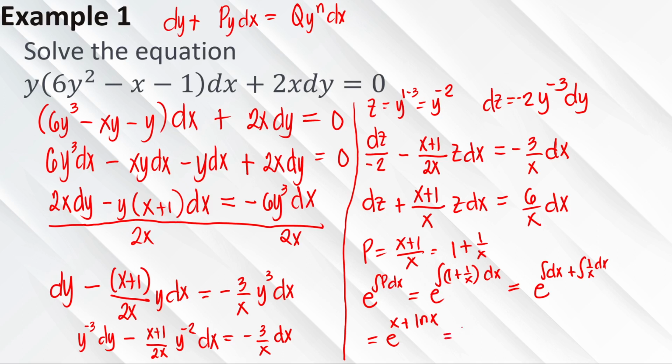But, rules of exponent, separate natin si e raised to x at saka e raised to ln of x, because itong e raised to ln of x will simplify to x. And therefore, ang integrating factor natin is equal to x e raised to x. Ito yung imumultiply natin dito sa part na ito. So, next slide na ako.